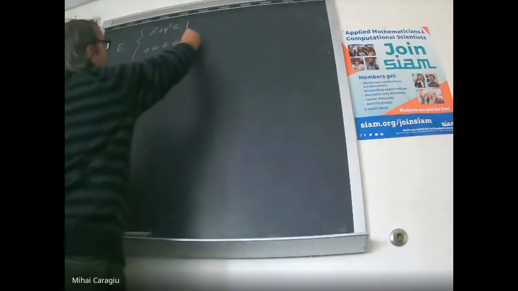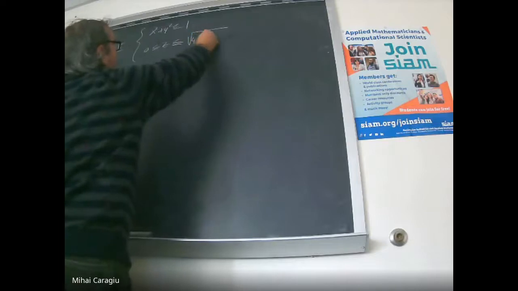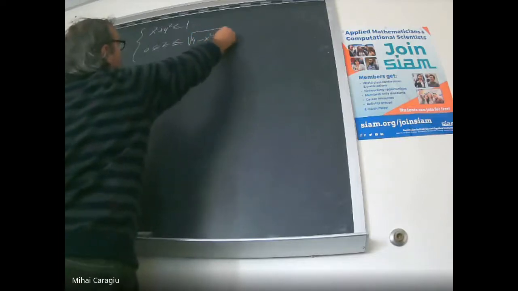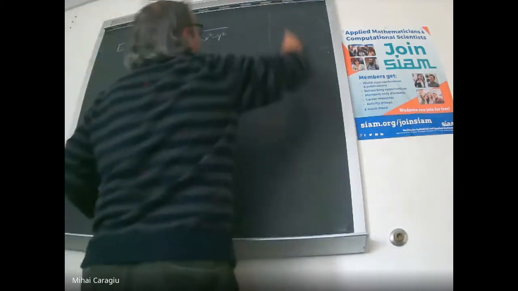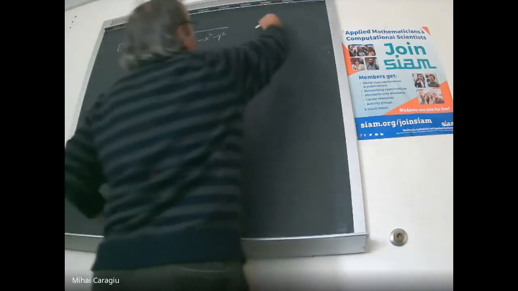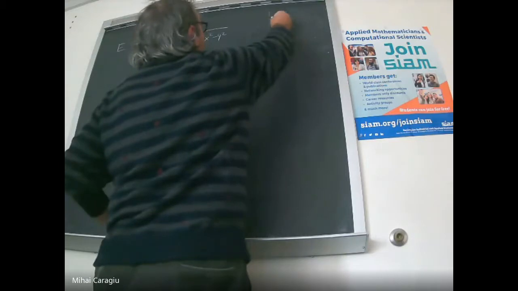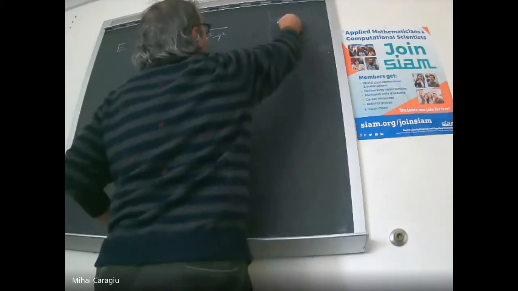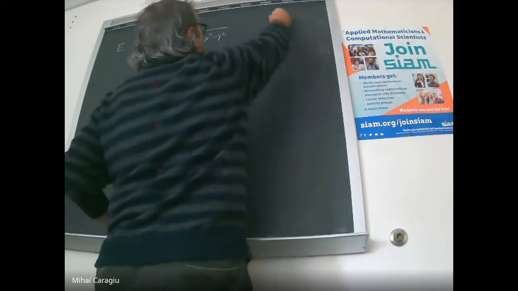The upper part is the square root of 4 minus x squared minus y squared. So it is within a cylinder, between the xy plane and a sphere centered at the origin with radius 2.